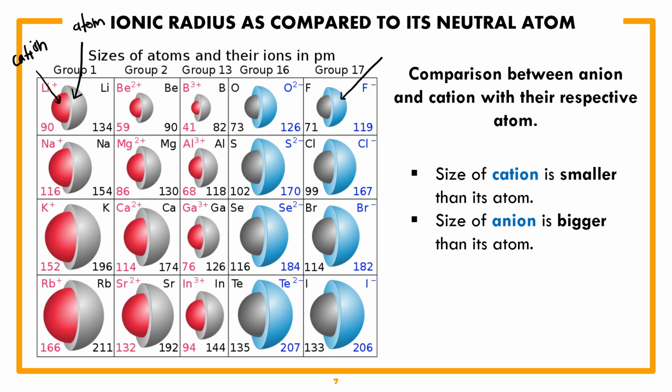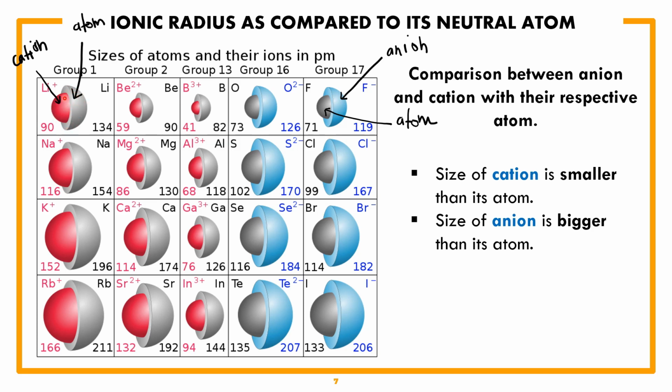And the blue sphere here refers to the anion, and the grey part here is its atom. So in general, we can see that the size of the cation is smaller than its neutral atom.